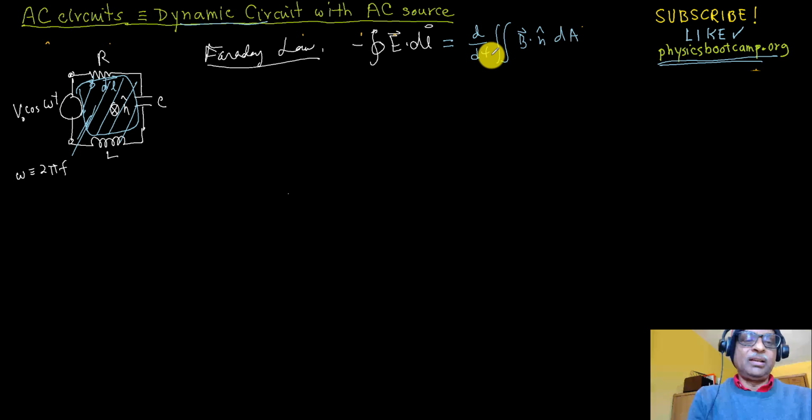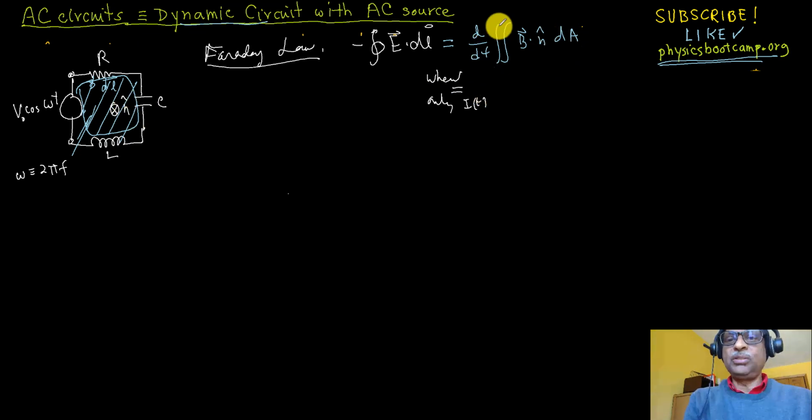Well, in a circuit where only the current I(t) is changing, and not some B also changing, this whole thing can be written as L di/dt.